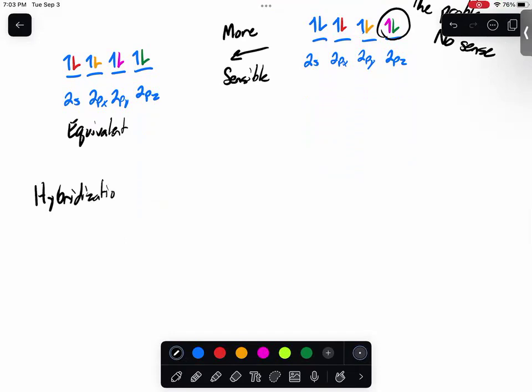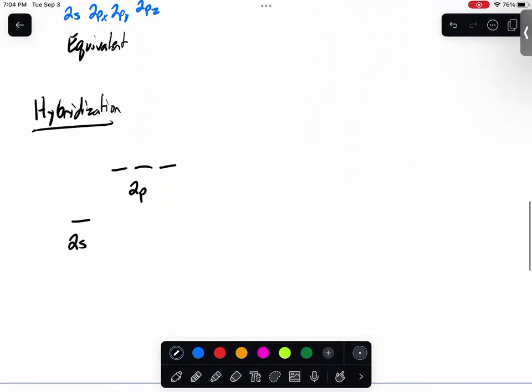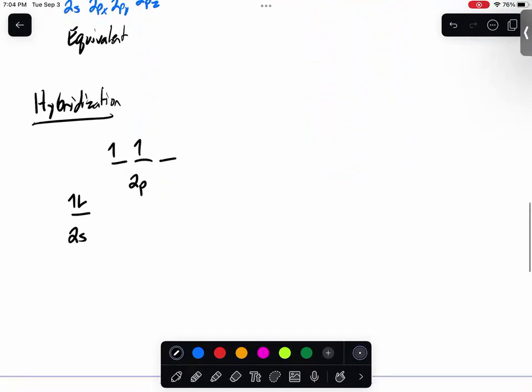So, what hybridization is essentially, if we think about the scenario that we were talking about beforehand, where we have this 2s orbital, and then we have all of our 2p orbitals. And for carbon, right, it has everything chilling in the orbitals as we had seen before. What it can do is, in order to end up with four equal orbitals, it can actually take these and essentially blend them.